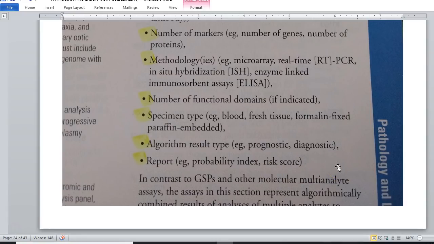So for instance, we have things like 81506, endocrinology, type 2 diabetes, biochemical assays of 7 analytes, which include glucose, HbA1c, insulin, HSCRP, adiponectin, ferritin, interleukin 2 receptor alpha. And it says utilizing serum or plasma, algorithmic reporting as a risk score.